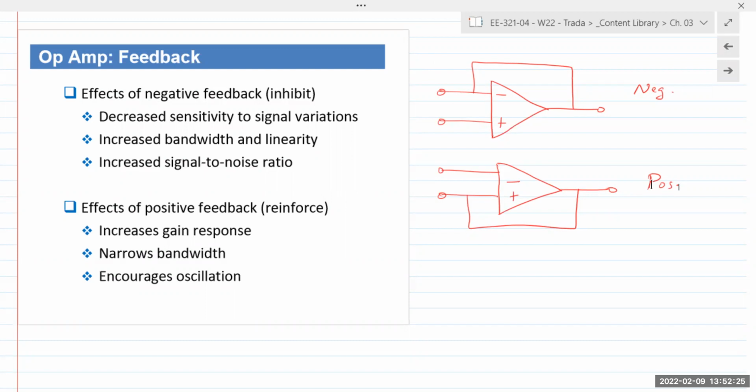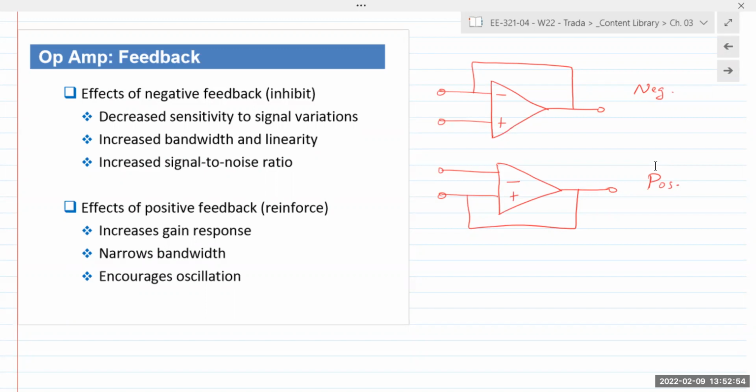It's completely the same, but it's out of phase by 180 degrees. We say it's inverted. Negative is inverting. Positive is non-inverting. In general, invert means the waveform that you have is out of phase by 180 degrees.